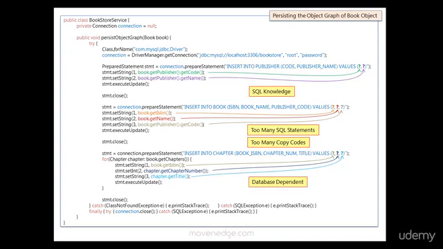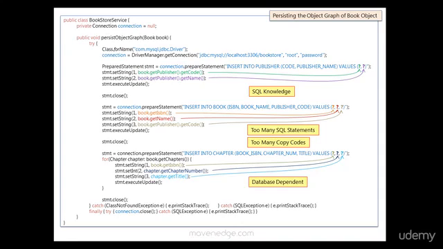So in future, if you plan to change your relational database management system, then you might have to come back and change all the SQL statements that we have written here. So these are the problems we'll be facing when we are working on a Java application and using JDBC with SQL to persist a graph of objects into a relational database.